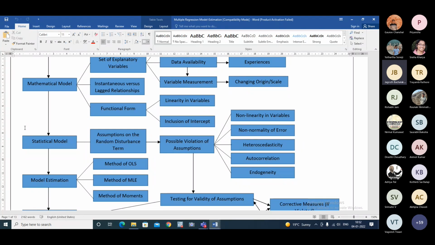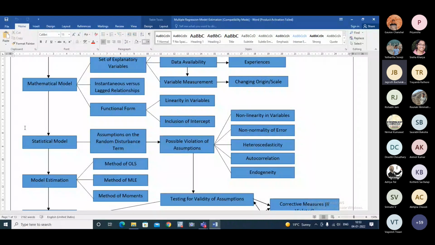And then I'm adding ui, and this mathematical model is converted into a statistical model. In a mathematical model, we don't add the random disturbance term.